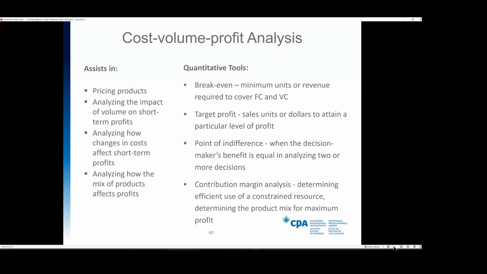Contribution analysis. Please make sure that you're comfortable with contribution analysis. The first thing when you're looking at it and it's appropriate to calculate contribution, right away think about, is there a constraint? If there is, you need to calculate contribution margin per constraint.